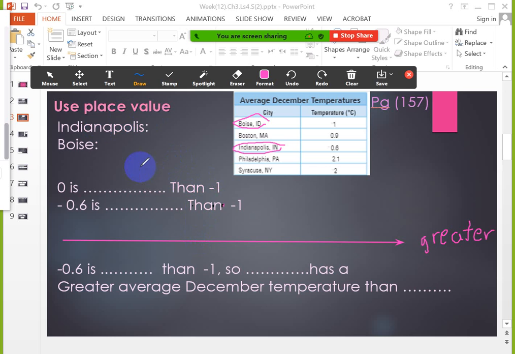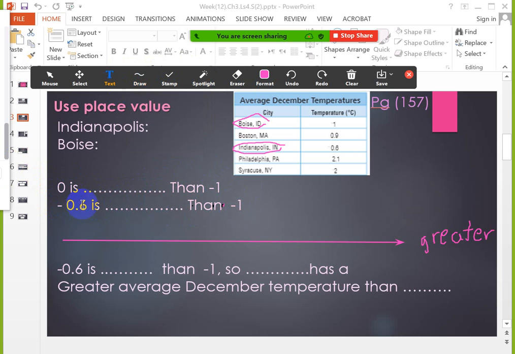So I will compare the numbers with 0. So 0 is greater than -1. Why? Because 0 is on the right side of -1. So -0.6 is greater than -1.